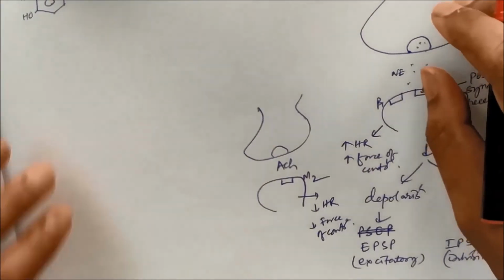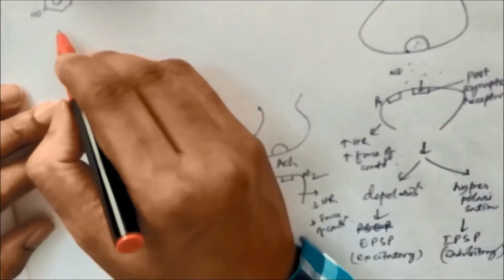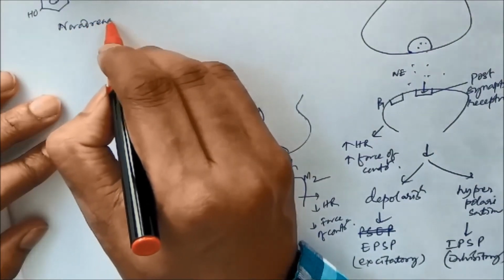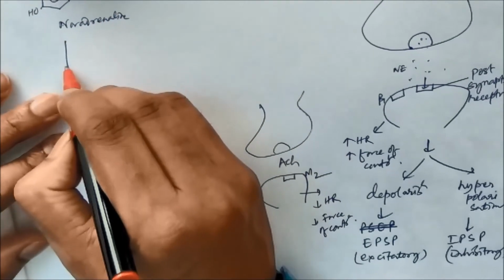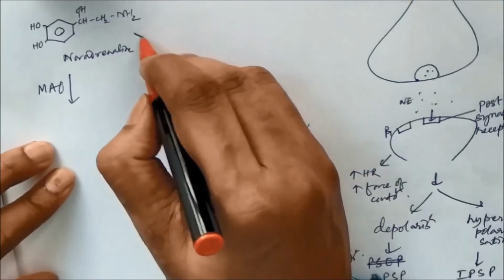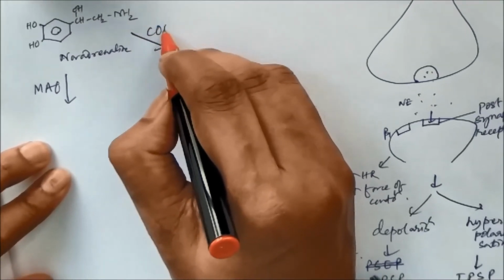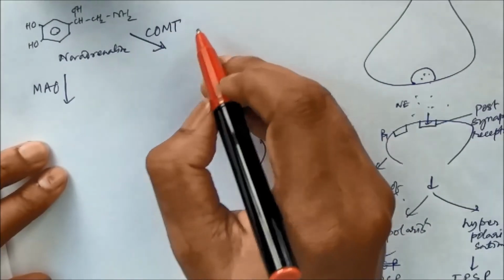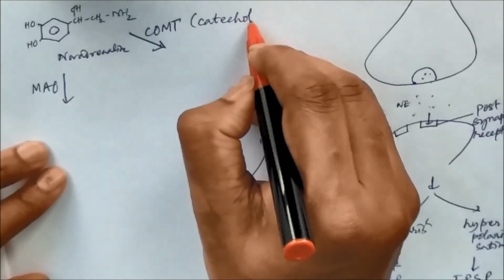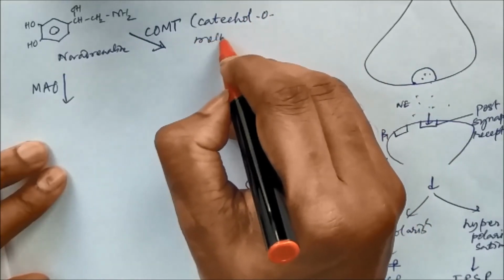And enzymes, for sympathetic, suppose this is the structure of noradrenaline. Then we have 2 enzymes, monoamine oxidase MAO, and another enzyme COMT, catechol O methyl transferase.